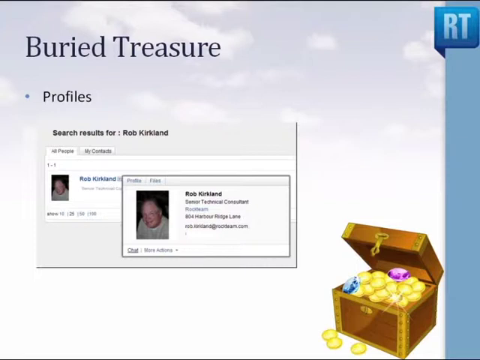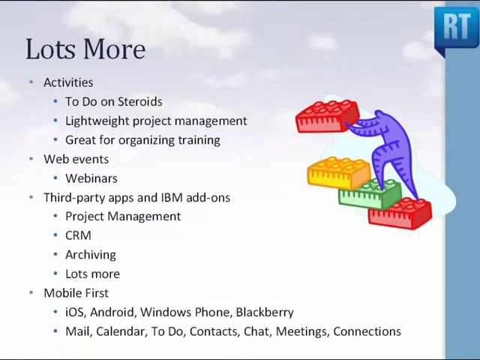Profiles in a nutshell is like everyone's resume in the cloud, and you do a keyword search for the kind of expertise you need, and it'll bring back a prioritized list of people that will tell you exactly who has experience or expertise in the area that you're looking for.